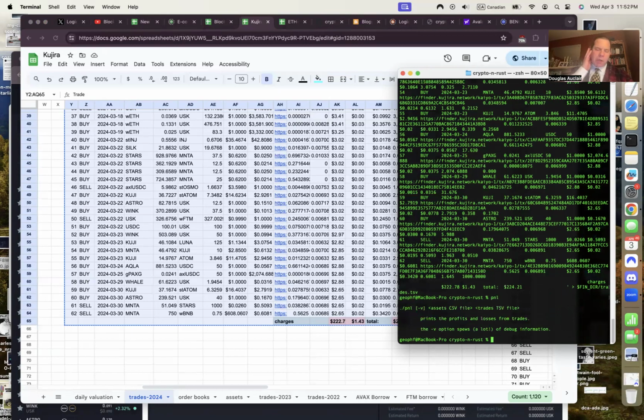And the way PNL works is that you can pass it the V flag. You send it the assets comma separated value file, and you send it the trades tab separated file. The assets comma separated file is the following.